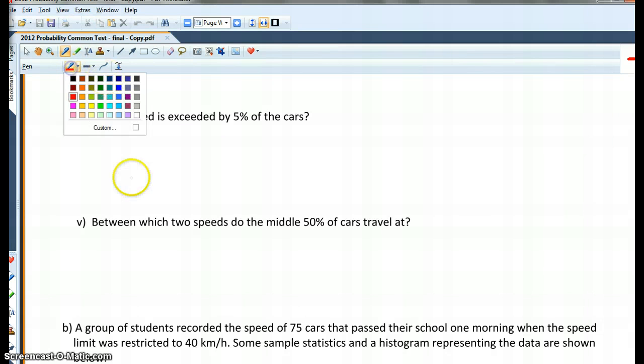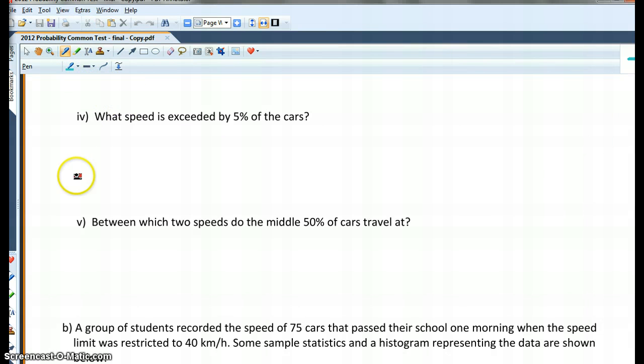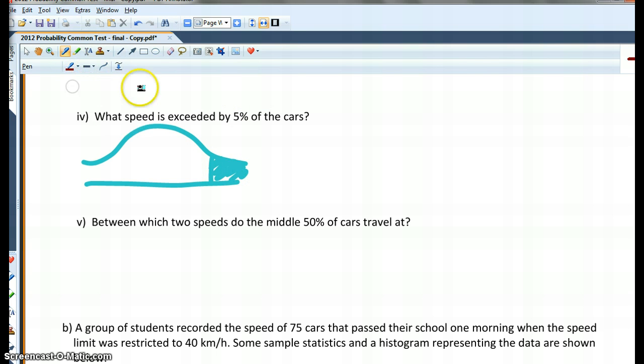Okay, moving on. Here we have the whole idea of the normal distribution. What speed is exceeded by 5% of the drivers? So we're trying to find the value where the area is 0.05.